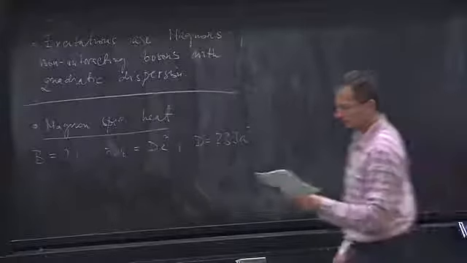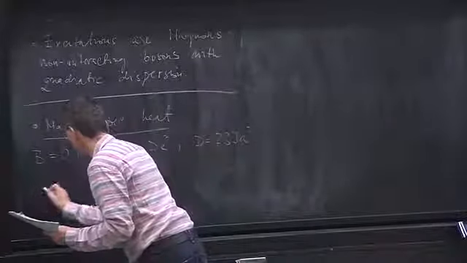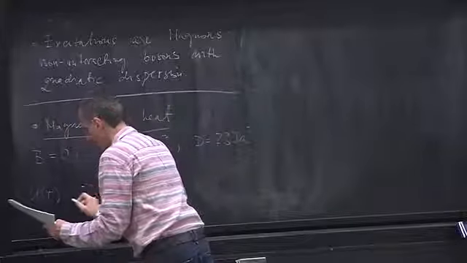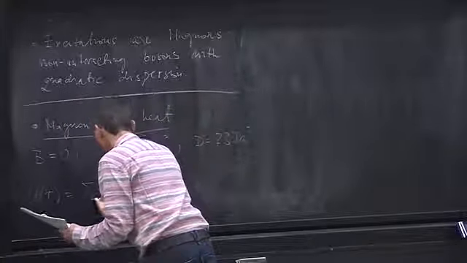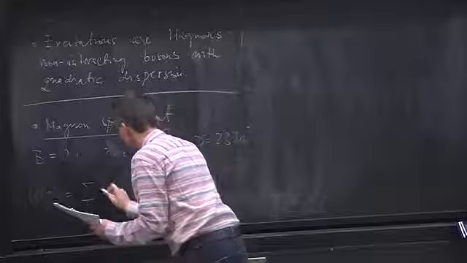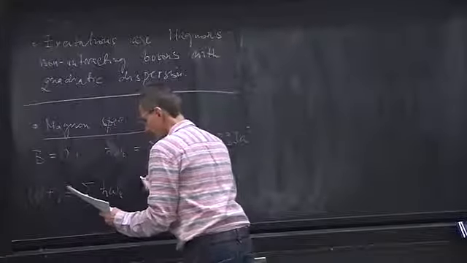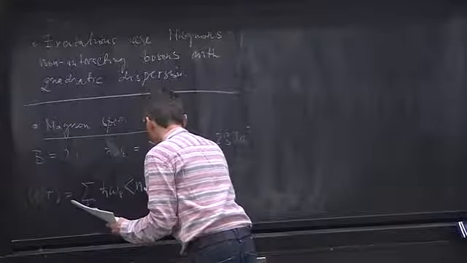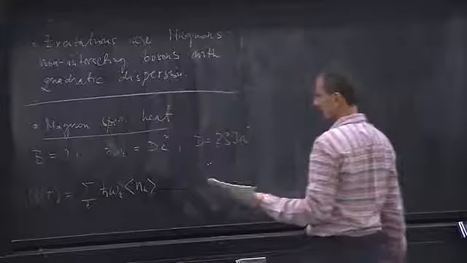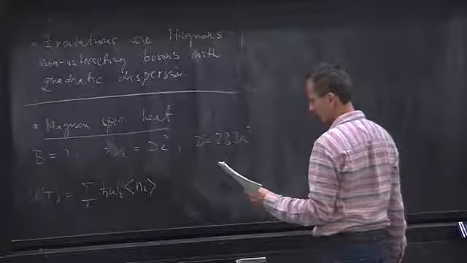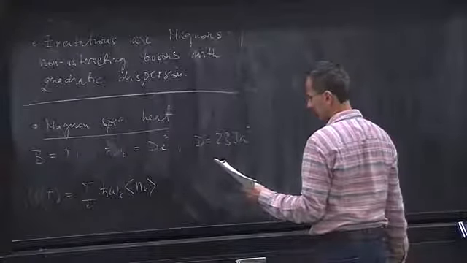And we write the internal energy just as before as the sum over k of h bar omega k times the expectation value of n_k, which will be the Bose-Einstein distribution function.